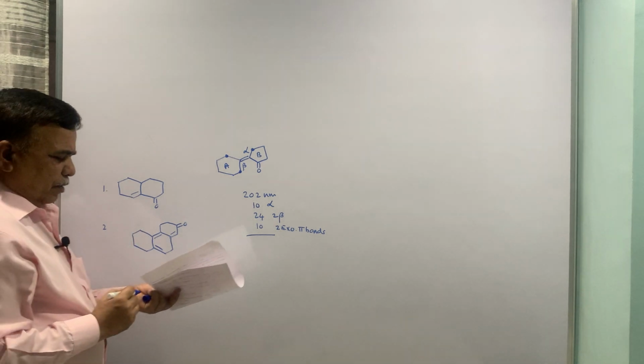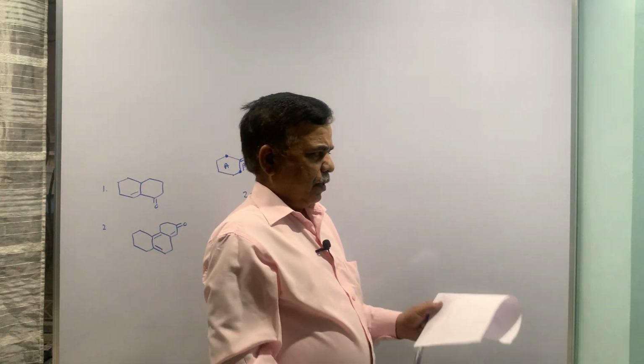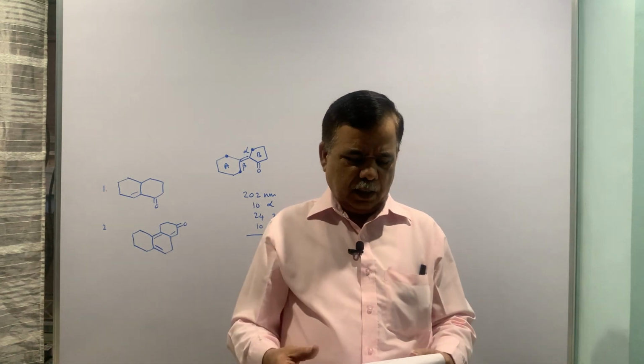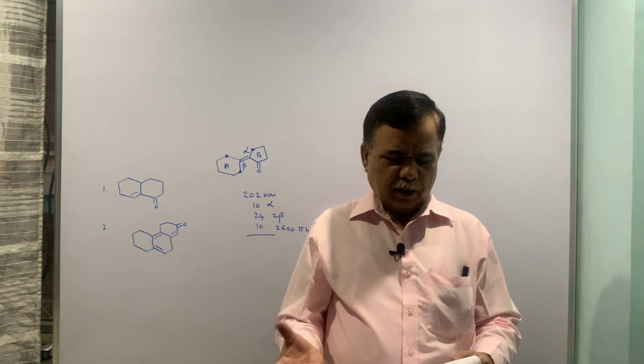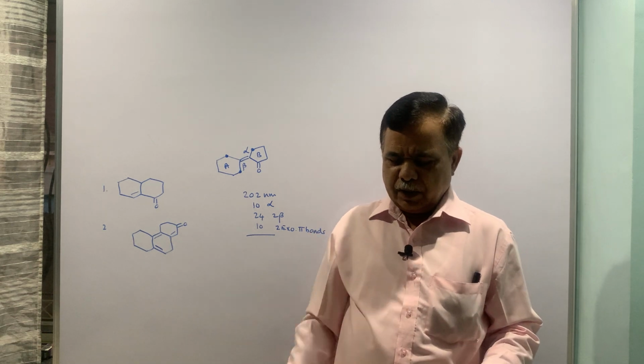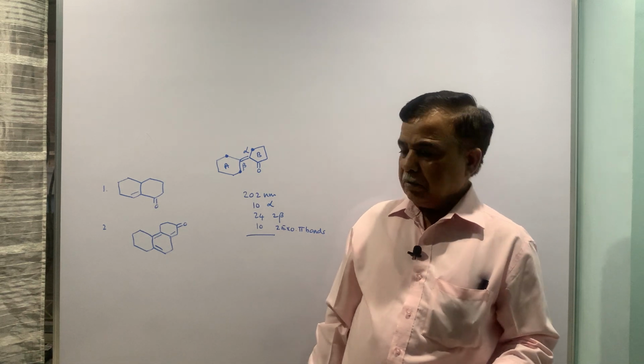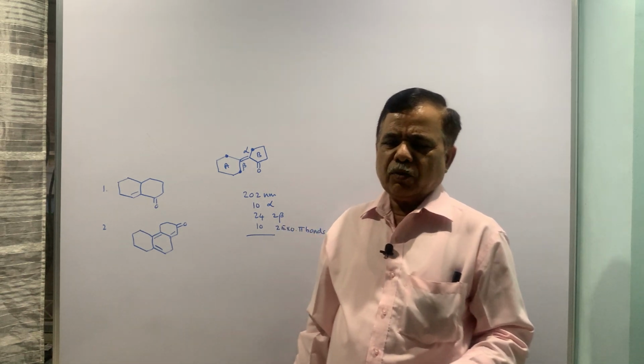A couple of examples you can solve for practice purposes. Maybe next lecture will continue from here. Now henceforth all lectures will have numericals, so you have to be attentive, and only practice can help you out.